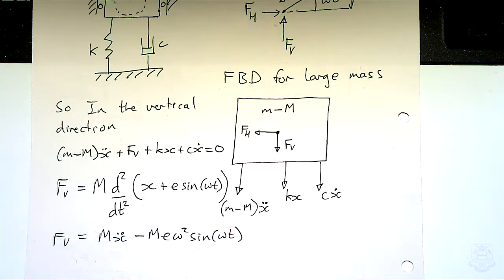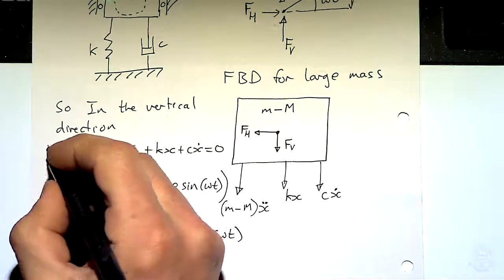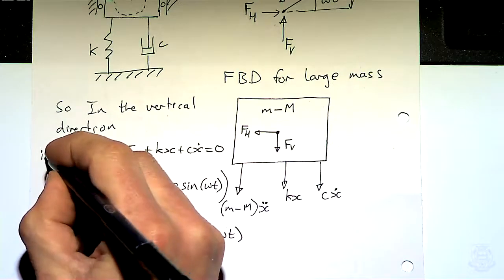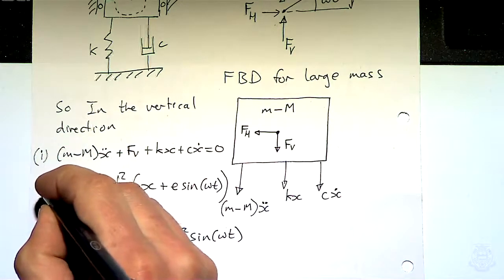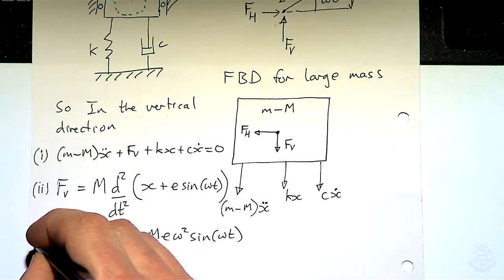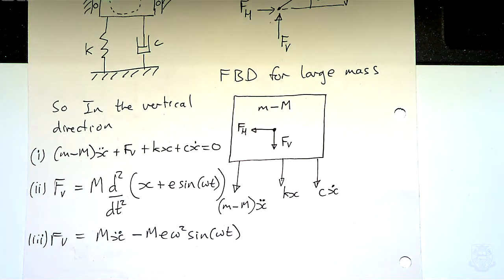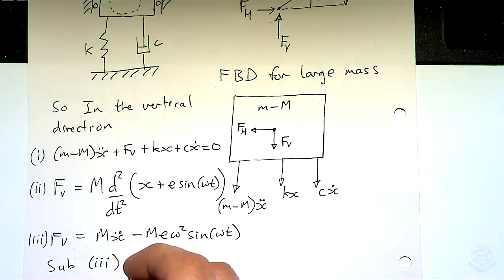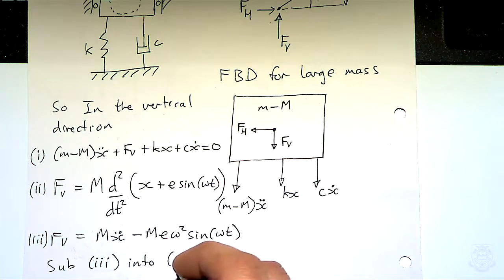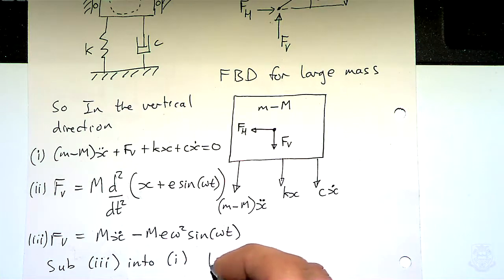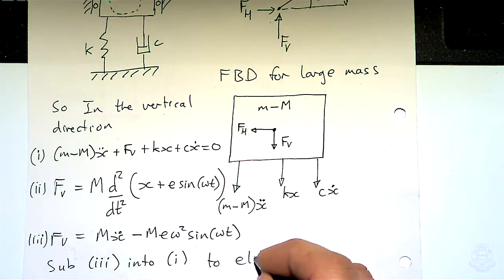So I'm going to substitute for Fv now in this first expression. To make that clear, we can give these three equations little labels, 1, 2, and 3. I'm going to substitute 3 into 1 to eliminate Fv.